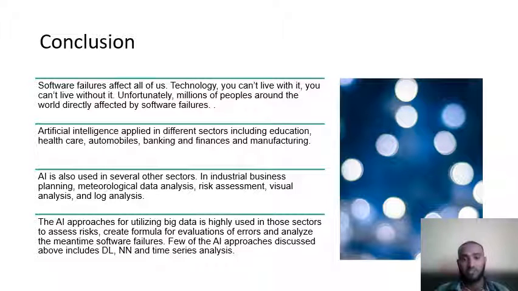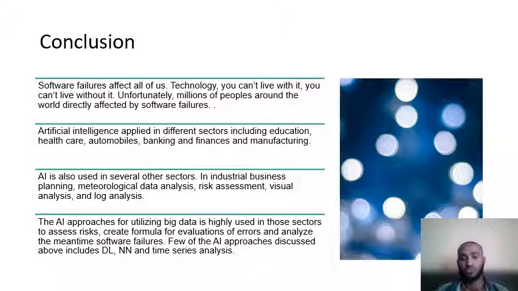Artificial intelligence is applied in different sectors, including education, healthcare, automobiles, banking, finance, and manufacturing. For example, a lot of cars, like Tesla, are automated, so all the work behind this is done by AI.